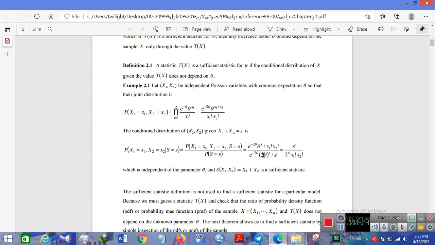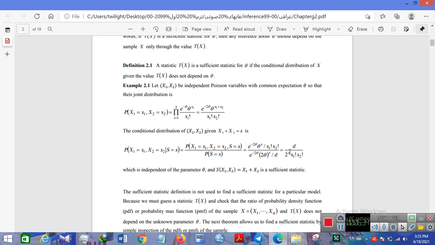For example, e to the power minus 2 theta is deleted, and theta to the s in both is deleted, and we obtain this conditional probability.